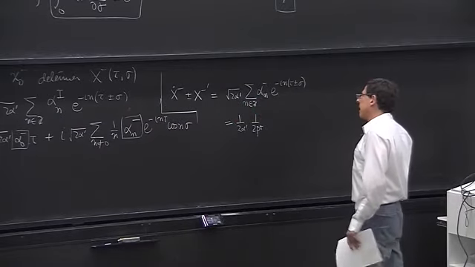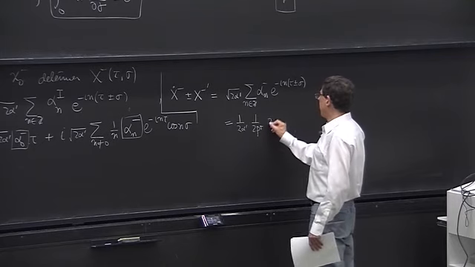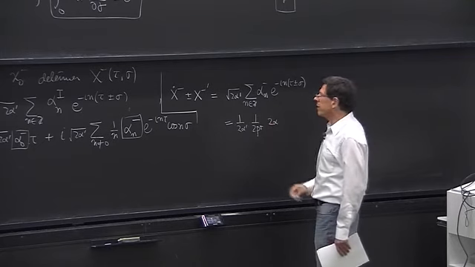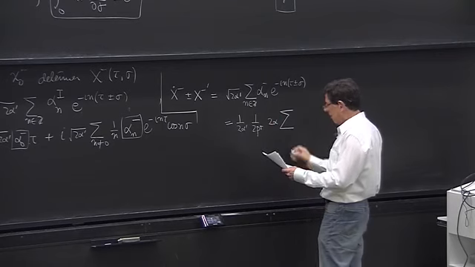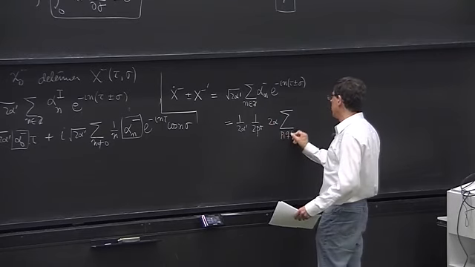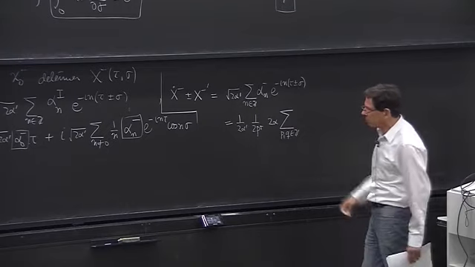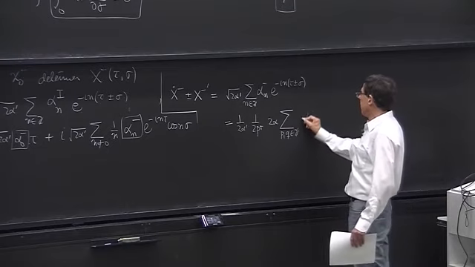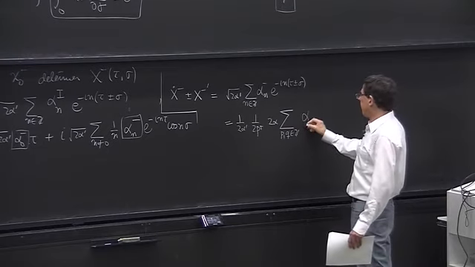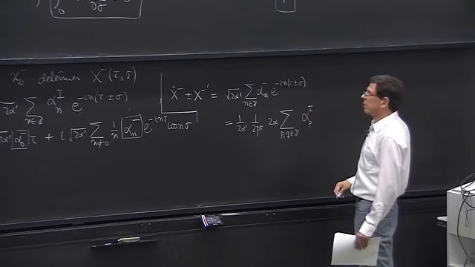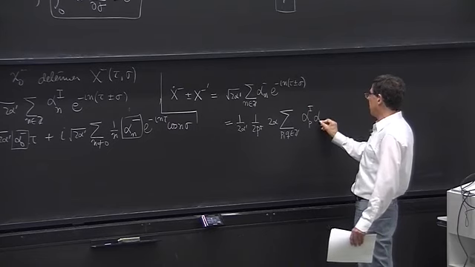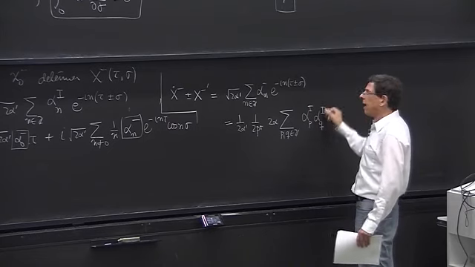So the square of that thing, the 2 alpha prime square roots go, and now I have two sums. Sums over p and q belonging to the integers. For the first factor, I would put e to the alpha p i. For the second factor, an alpha q i.